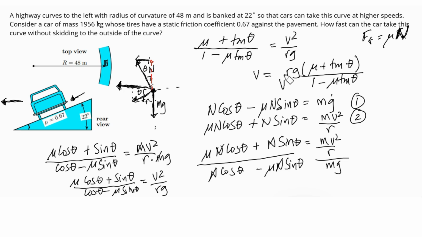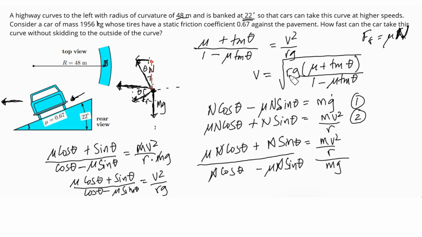And so this would give you the maximum velocity that you can attain when you are moving with this angle of 22 degrees. That's your bank. Radius of curvature is 48 meters. That's from here to there. And so we plug everything in here.